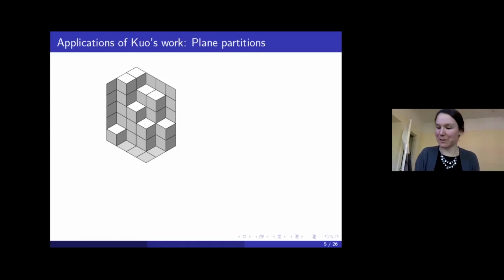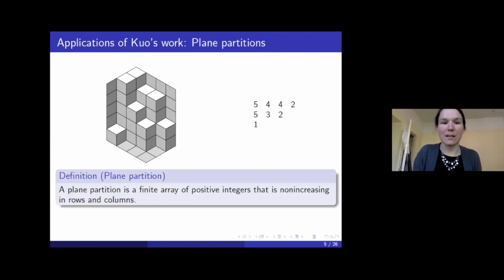Okay, so plane partitions. In some sense, a plane partition is a pile of boxes in a corner of a room where the room is the positive octant. Gravity is pulling the boxes in the (-1, -1, -1) direction. More precisely, a plane partition is a finite array of positive integers that's non-increasing in rows and columns.